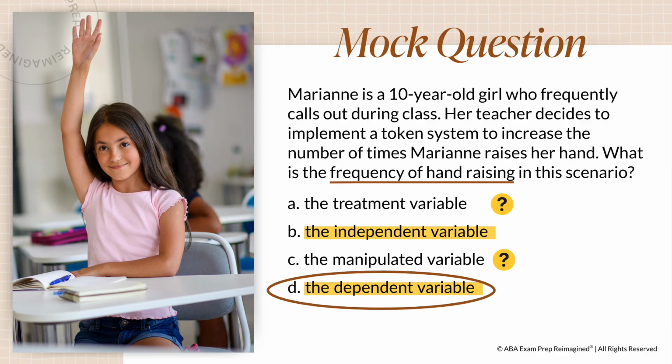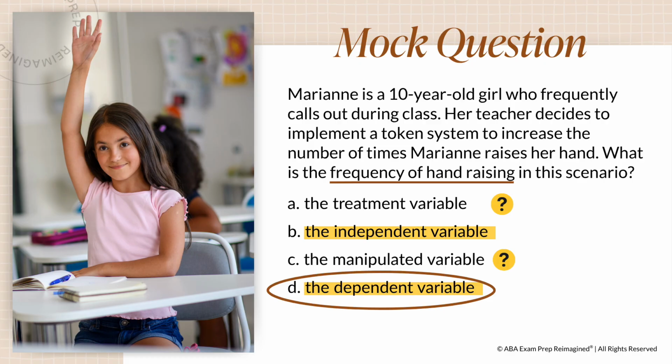Now, I have heard this same scenario from multiple people. When they see words that they don't know or they haven't come across before on the exam, it makes them start second guessing themselves. So maybe they originally knew what the dependent variable was, but they see these other terms on here they haven't heard of, and all of a sudden they start thinking, do I really know the dependent variable?